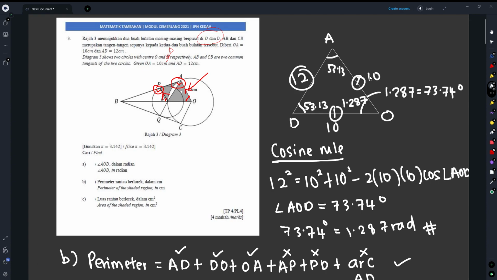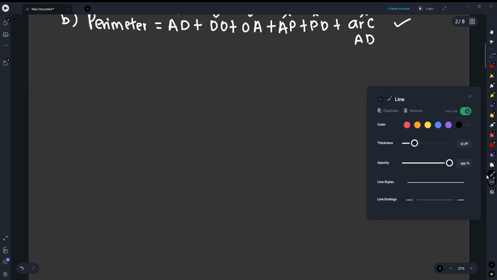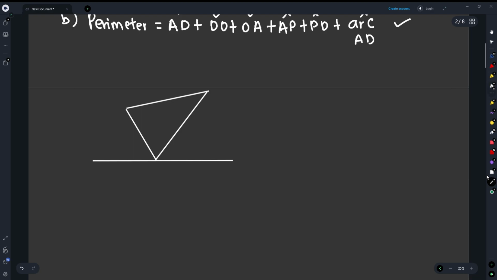Now we go back to the drawing here. Let me draw and show you so that you have a better understanding. Very simple, very straightforward. This is the horizontal line, and then we have a triangle here. It doesn't look exactly like the diagram, but as long as you follow the symbols it's good enough. This is point P, this is point D, this is point A. As we all know, this is 12 cm.